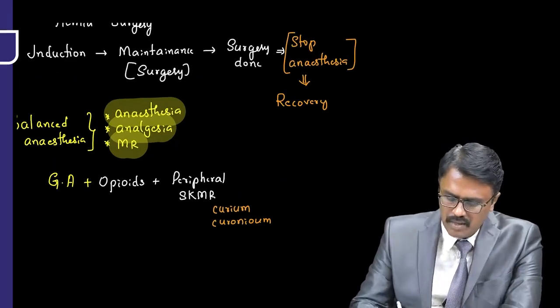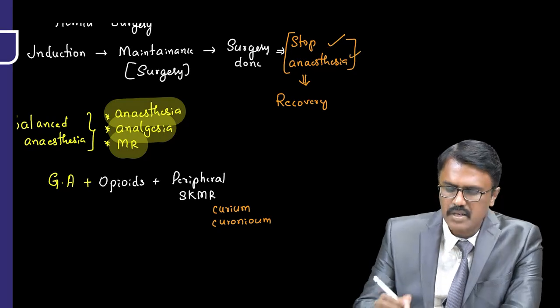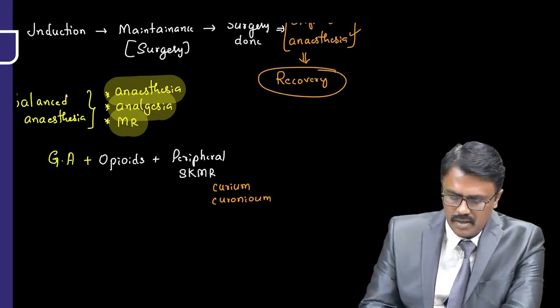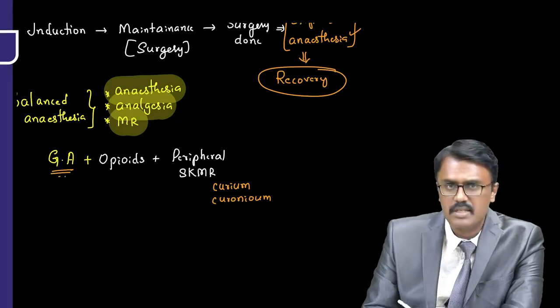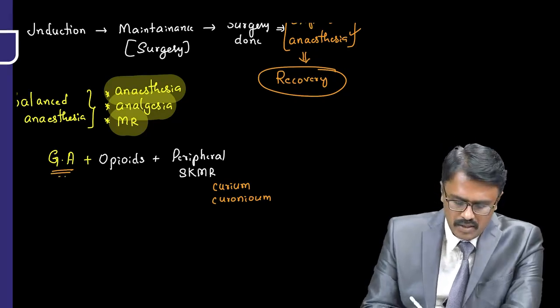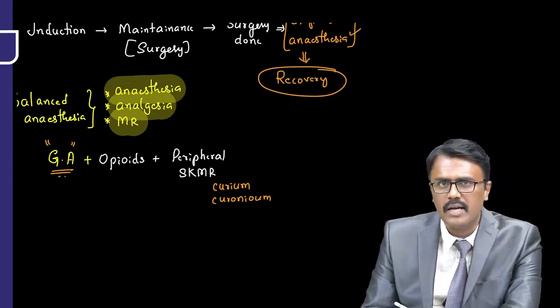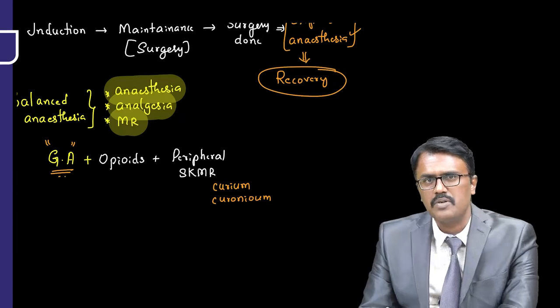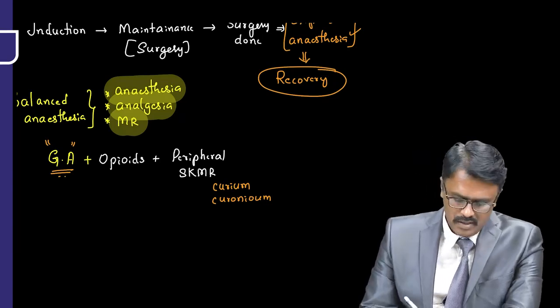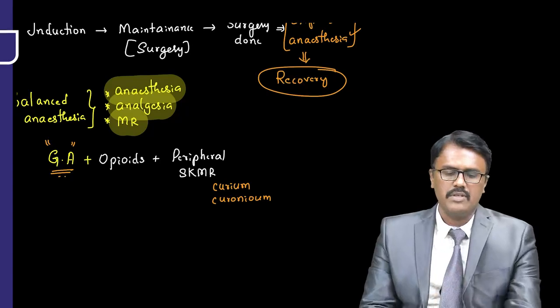Once you stop the anesthesia, the patient has to recover. The effect of general anesthesia will still remain. It depends on the oil gas coefficient, which I told you is inversely proportional to recovery. The patient will recover when you stop it.